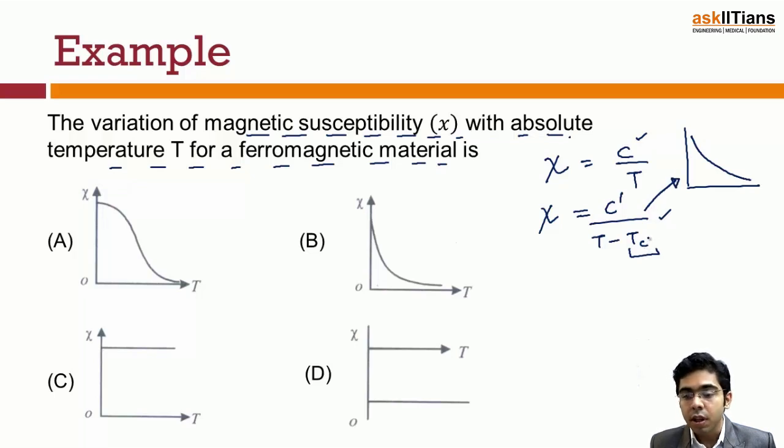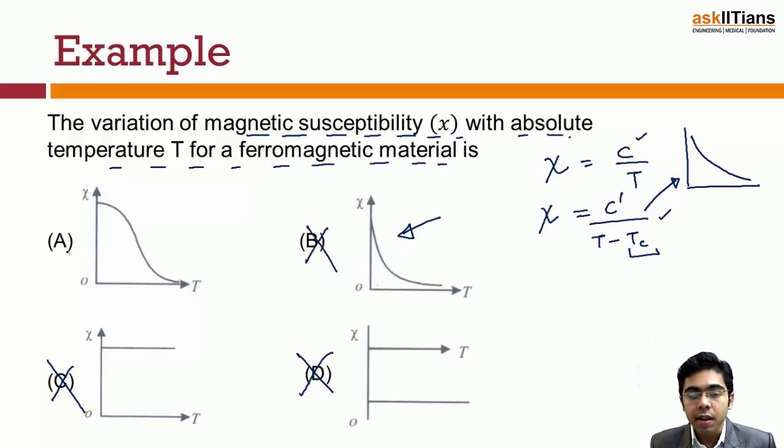So if we look at the options, we can directly neglect option C and option D. The options left are A and B. Option B shows the paramagnetic characteristics, so that should also be neglected.